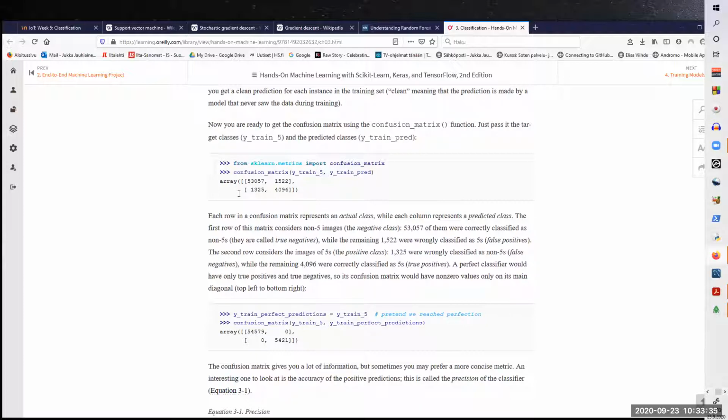And this number, 1,325, is the number of false negatives. So this means that the number actually was 5, but the classification algorithm says that no, it's not 5.